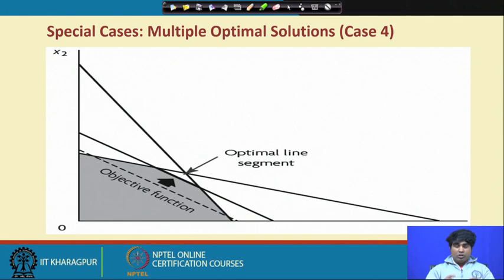Of course, the combination of the values of the decision variables will be different, but the objective function value will remain the same.